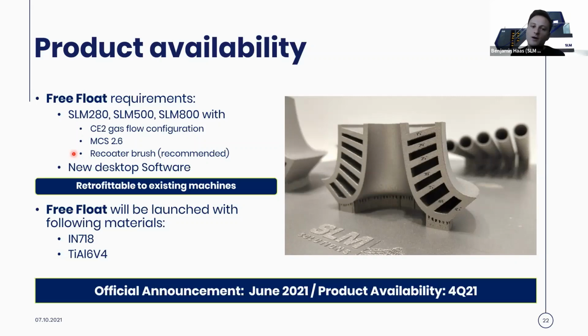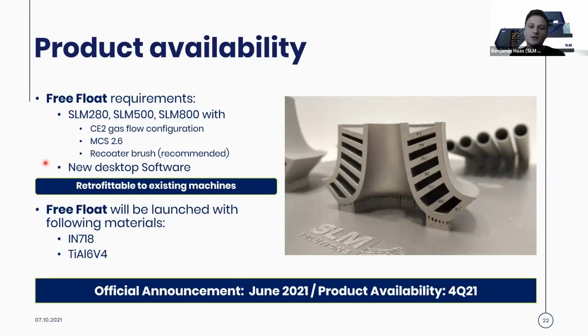Because if you might go too crazy and reduce just all supports for a part that actually needed at least a few supports to keep it in place, and if it then pops up, the recoder brush just adds you a little bit more process stability, just by the fact that there are a few bristles before hitting the actual recoder. And of course, the new desktop software, that's basically the software that I just showed you.